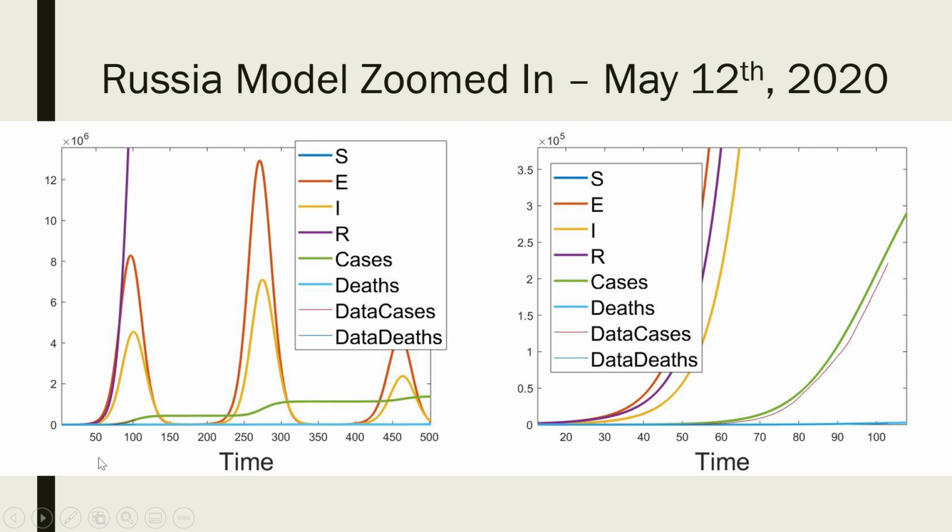When we look closer, it makes it even easier to see how much larger the second wave is compared to the first and third waves, making the Russia prediction the most similar to the Spanish influenza seasonality. Again, on the right, you can see how close of a fit the model is to the actual data.